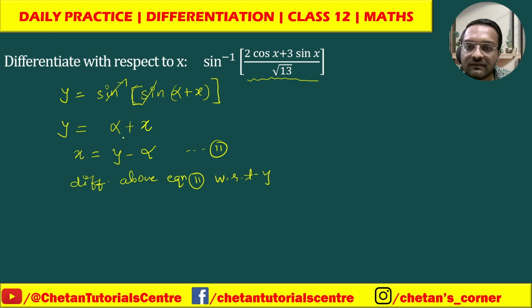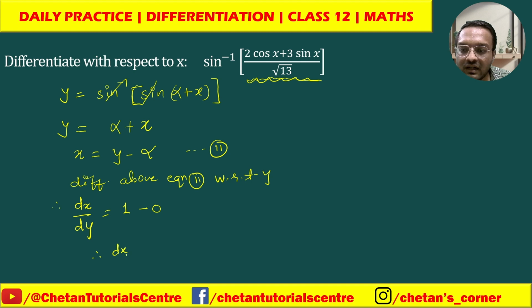As I have converted this function of x into a function of y, I will differentiate it with respect to y. So dx by dy is equal to the derivative of y with respect to y, which is 1, minus the derivative of alpha, which is 0. Therefore, dx by dy is equal to 1.